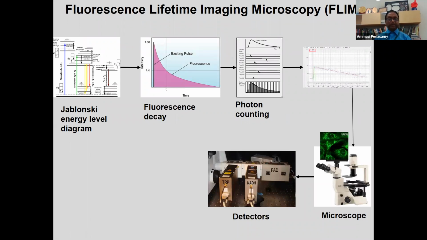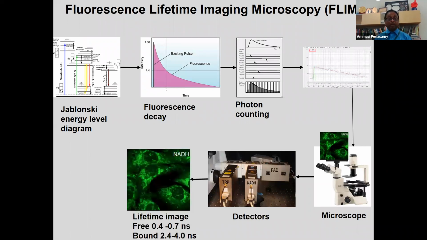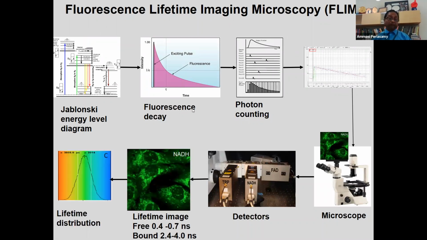Using microscopy techniques, you are able to see the lifetime distribution from a cell. Here, free NADH is 0.4 to 0.7 nanoseconds, and bound NADH is 2.4 to 4.0 nanoseconds. This kind of discrimination of free and bound is possible only using lifetime.